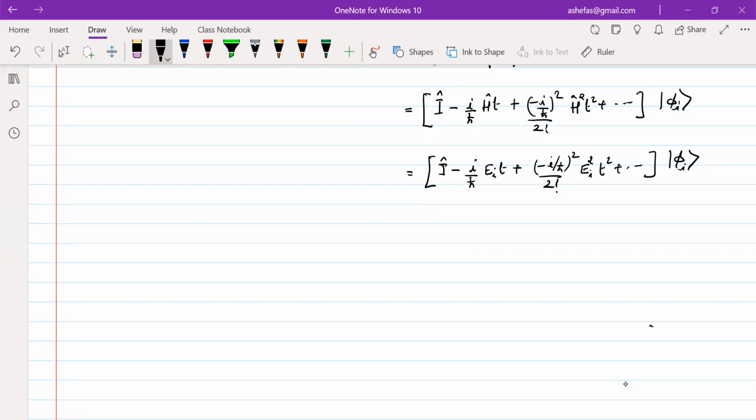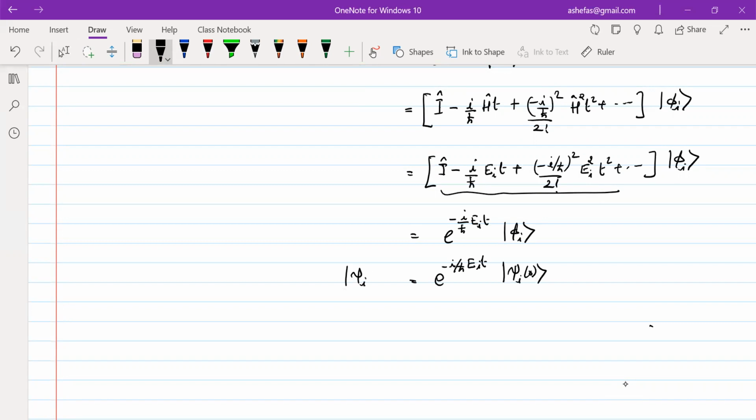Acting on ket phi i. So this is nothing but e raised to minus i by h cross Ei t ket phi i, or e raised to minus i by h cross Ei t psi i at 0.